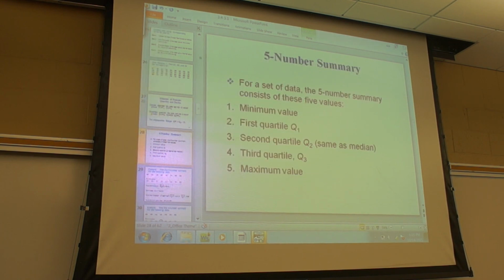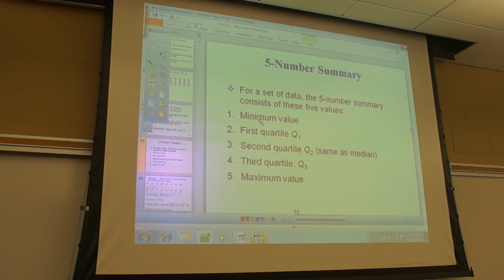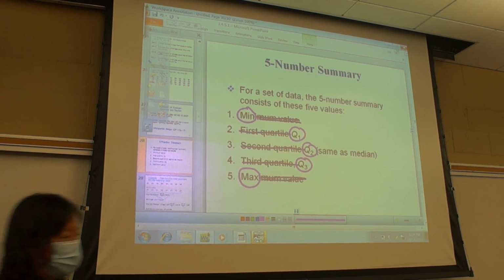All right, 5-number summary. That's below that. Don't write everything, just write minimum, Q1, Q2, Q3, and max. Just those parts. That's your 5-number summary in your notes.